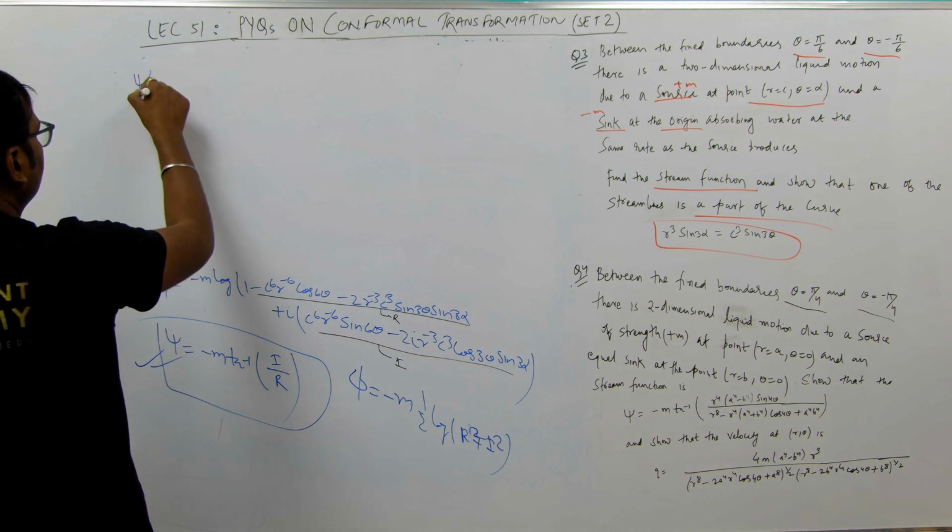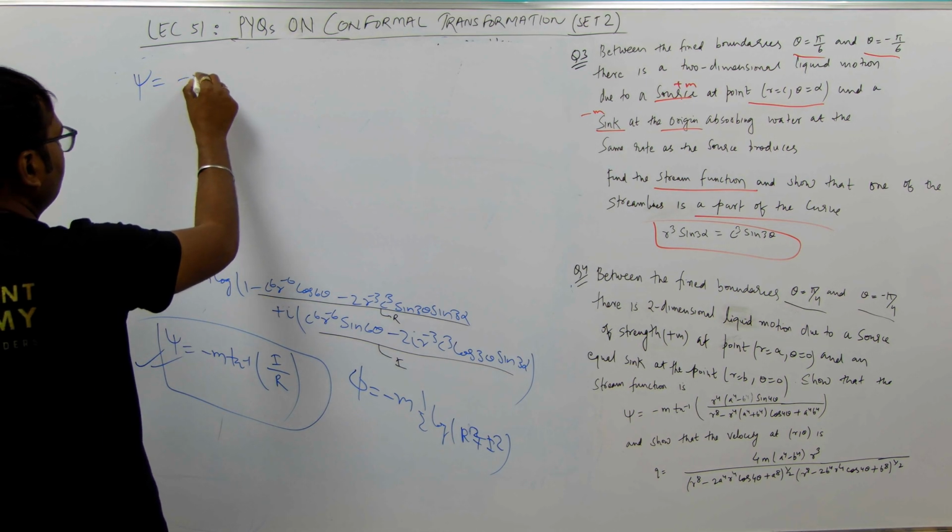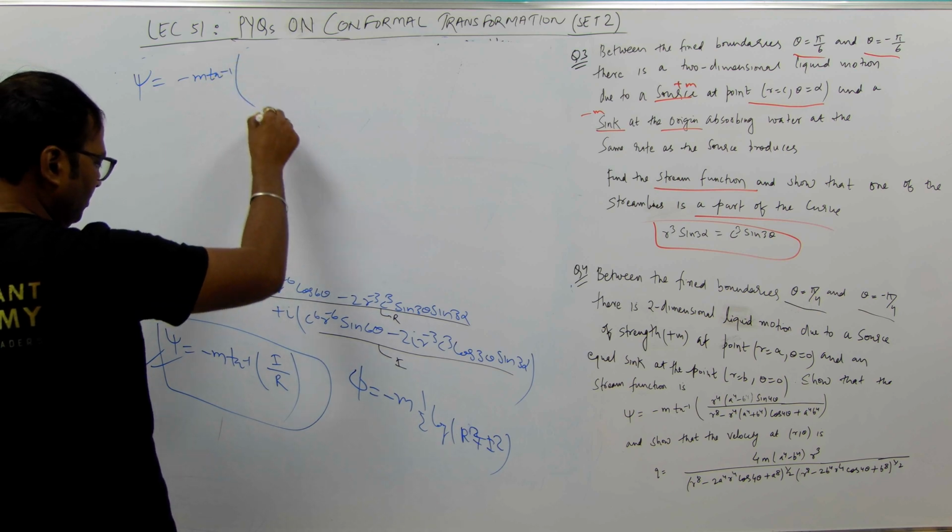So we have the stream function as minus m tan inverse of the imaginary part.